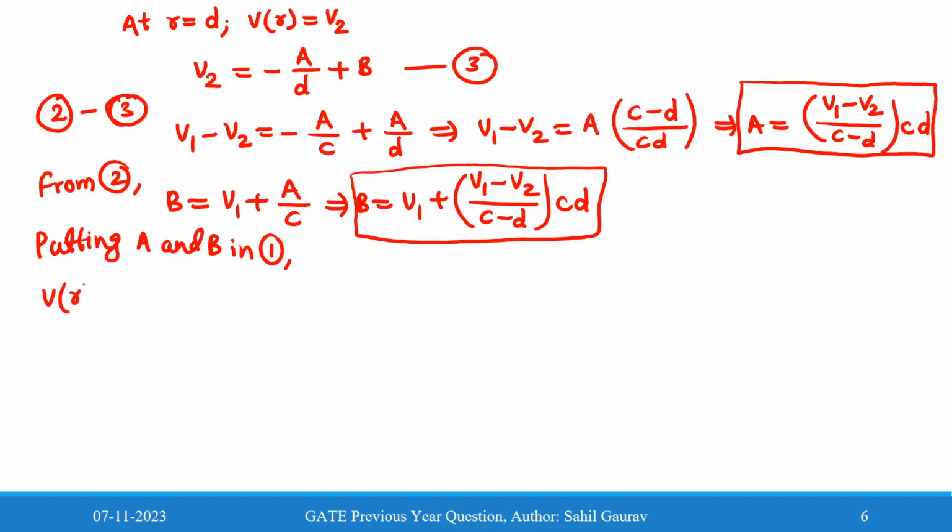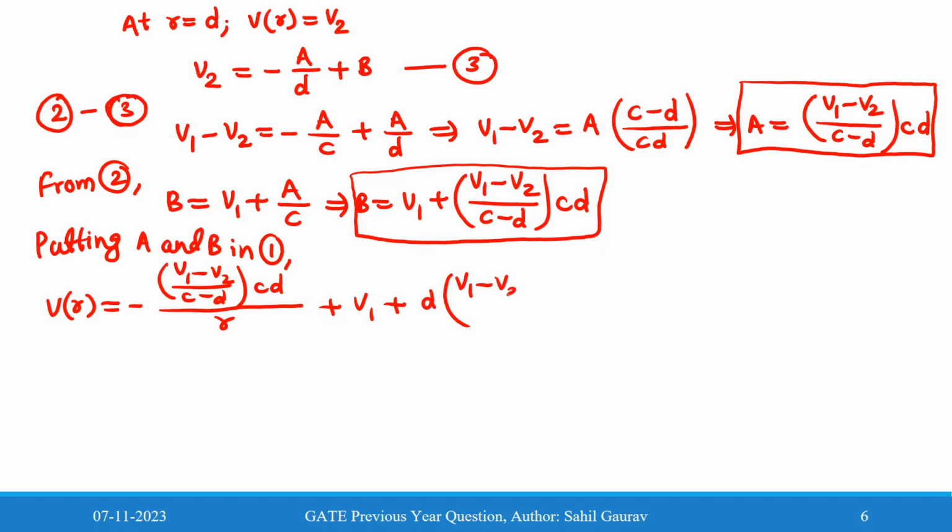Then we will get V(r) is equal to minus (V1 minus V2) cd divided by (c minus d) times 1 divided by r plus V1 plus d(V1 minus V2) divided by (c minus d). So on solving this, you will get the final expression like this.